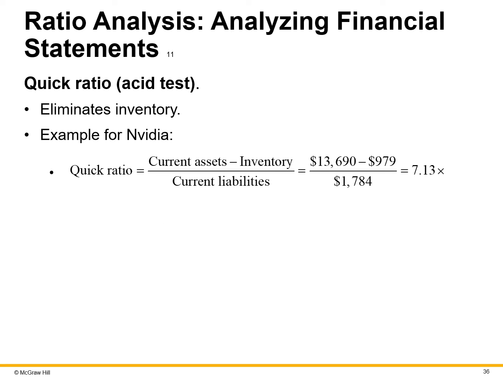The quick ratio, also known as the acid test, is the current assets minus inventory divided by current liabilities. By eliminating inventory, the least liquid current assets, the quick ratio test measures how well an organization can meet its current obligations without resorting to the sales of its inventory.